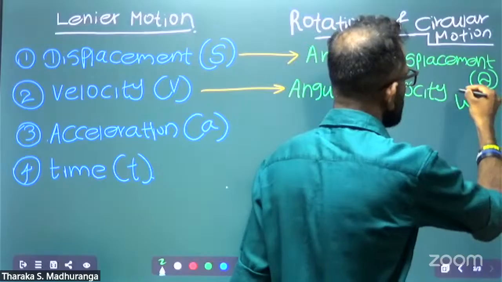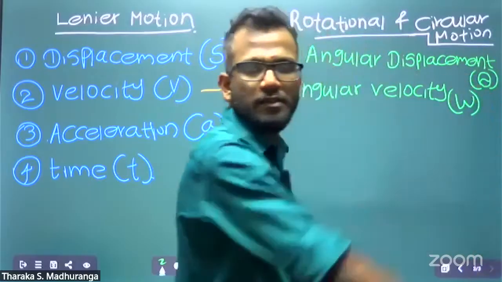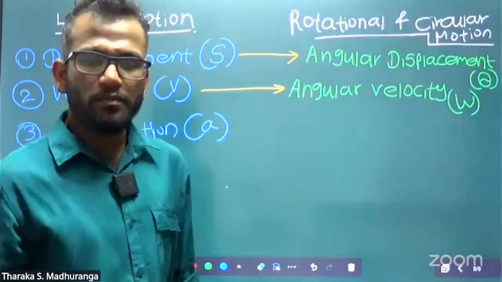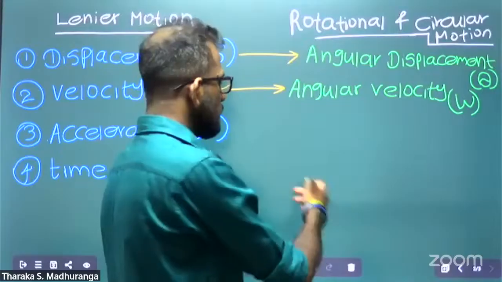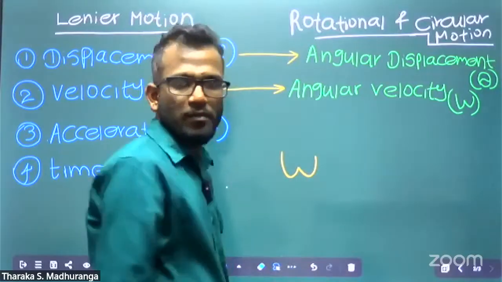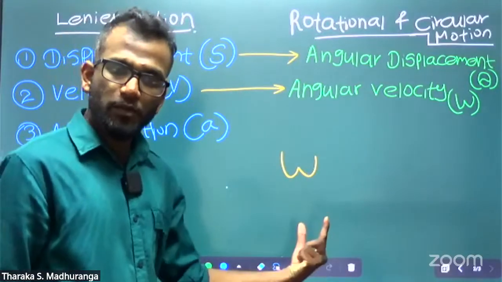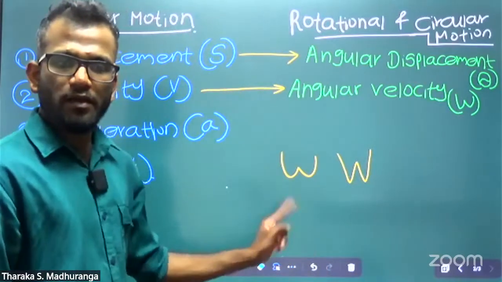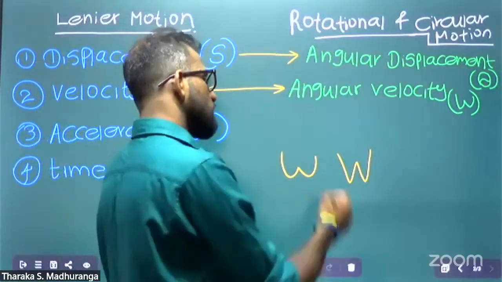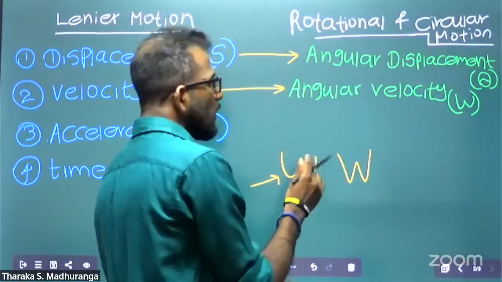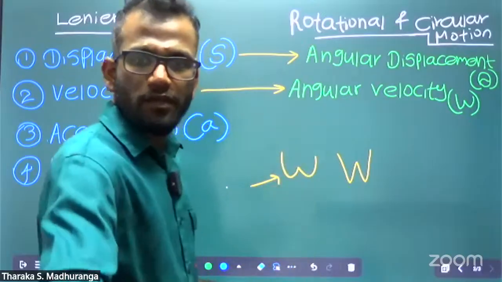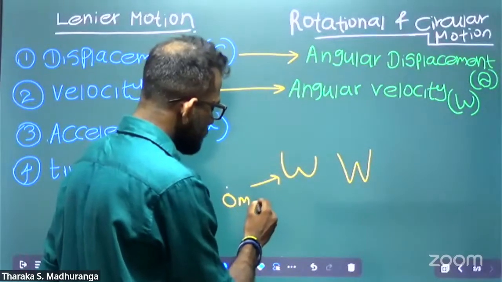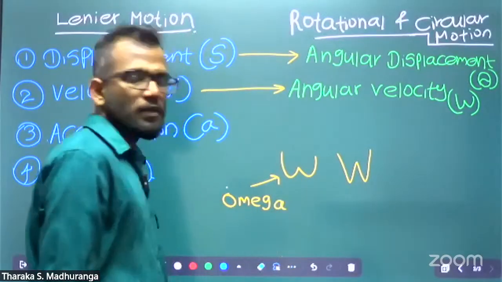Remember the symbol. Is it W? No. This is omega, a Greek letter. Omega is the angular velocity symbol.